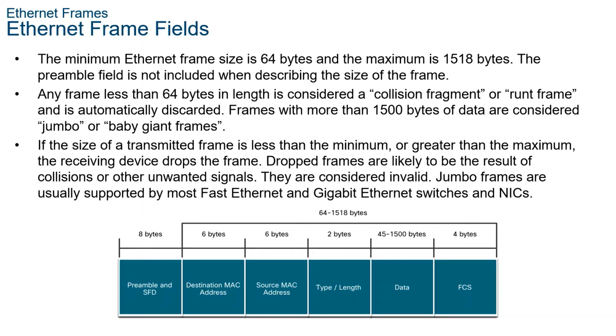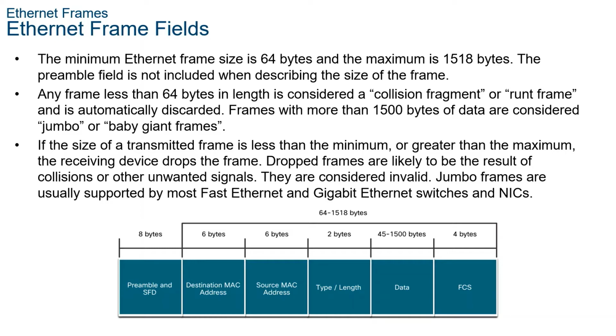The next one is the data field. This field, 46 to 1500 bytes, contains the encapsulated data from a higher layer, which is a generic layer 3 PDU, or more commonly an IPv4 packet.